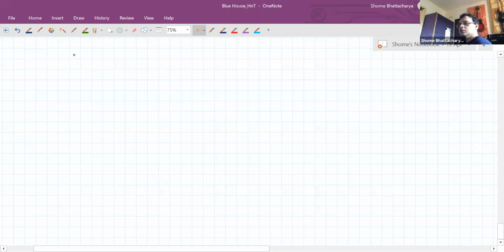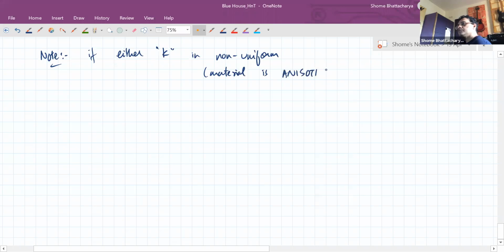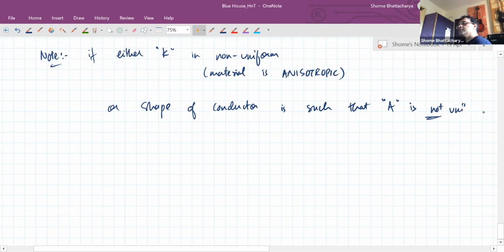So when we cannot use the formula, if either K is non-uniform, that is, the material is anisotropic, like the question we did last time, or the shape of the conductor is such that the area of cross section is not uniform, again like the question we did of the spherical shell last time, then the thermal resistance formula L upon KA cannot be used directly.